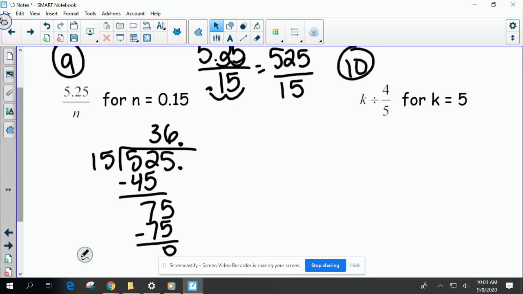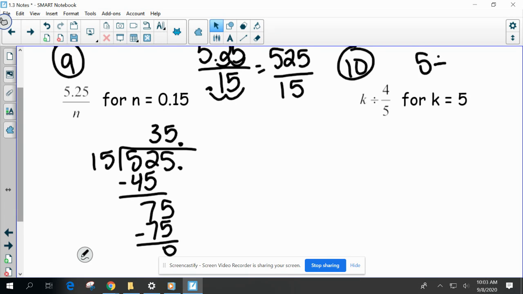So my answer would be 36. No. 15 goes into 75 5 whole times, which is 75. Okay, there we go. All right, number 10, we're substituting k equals 5.